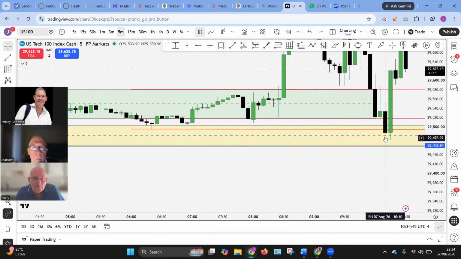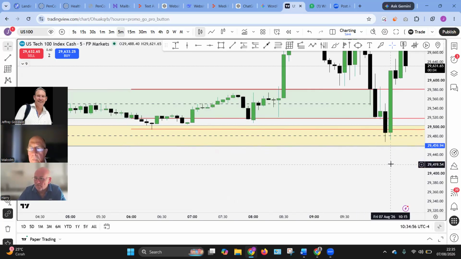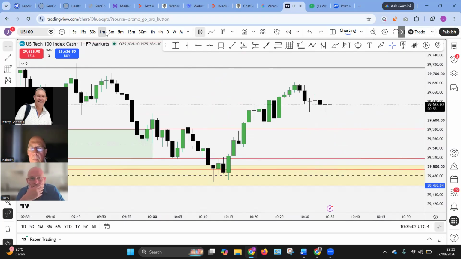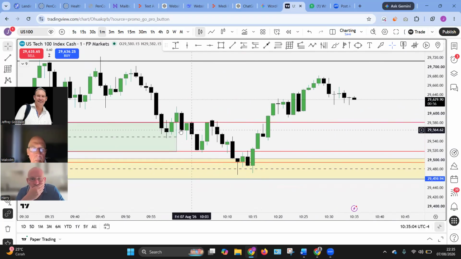So it went into a zone which we'd previously drawn, went down, and it turned around. That's the whole body of the 4 hour. That's wick. That's wick.